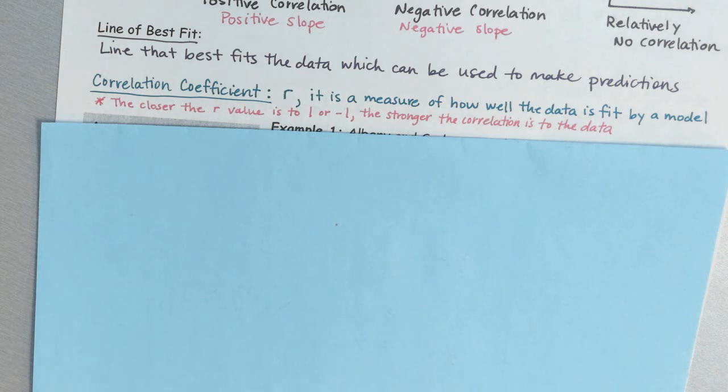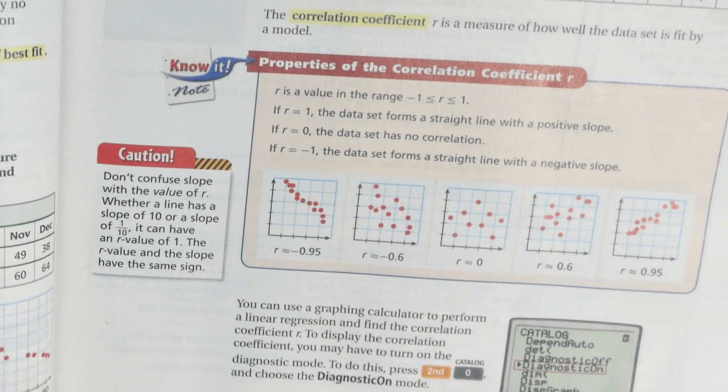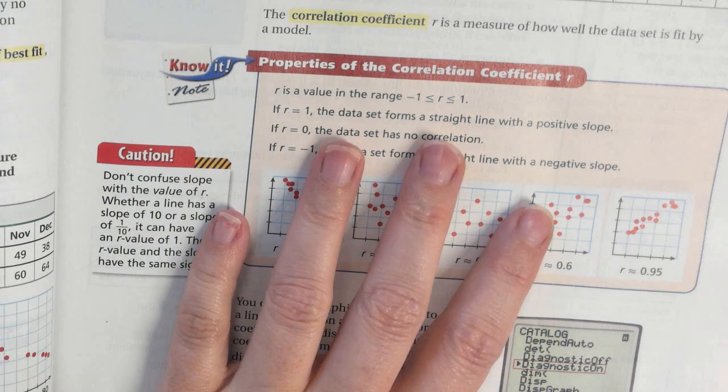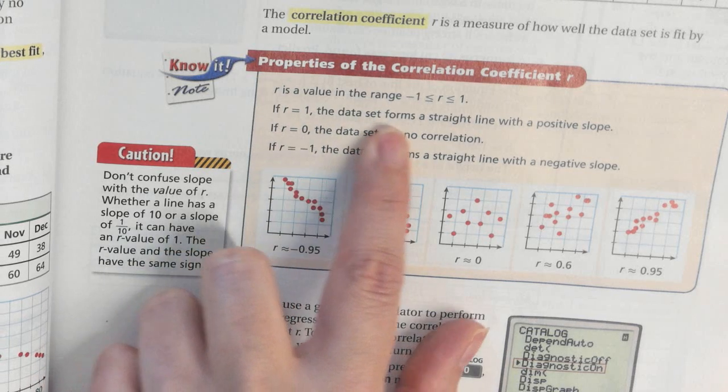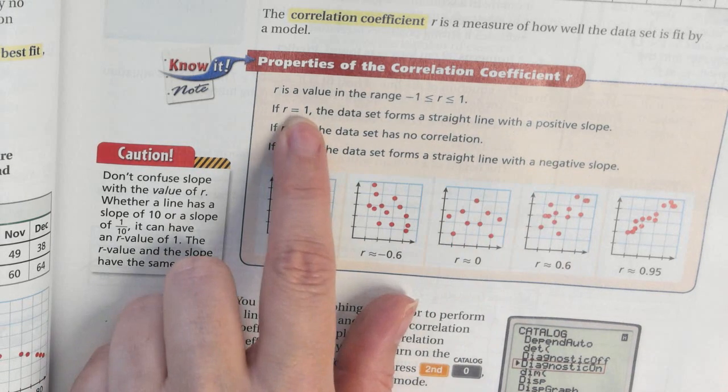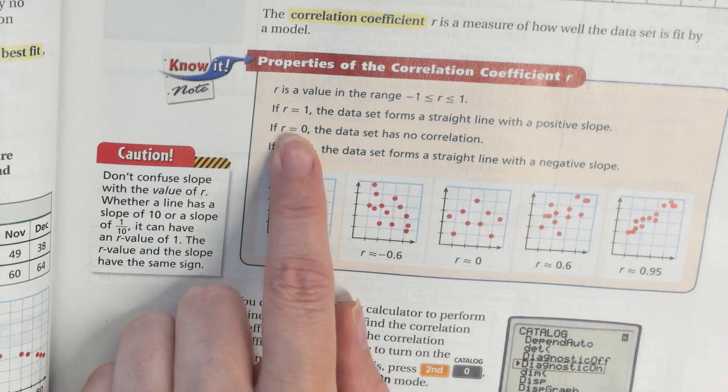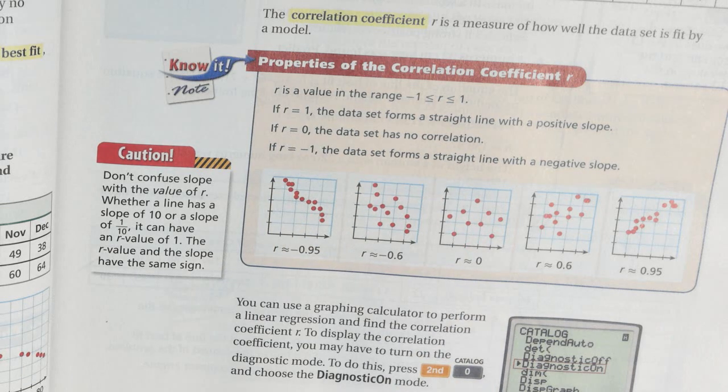There's also a really good chart in your book on page 33 that shows you some examples of the correlation coefficient. Like I told you, the value for R is somewhere between -1 and 1. If it's 1, then it's a straight line with a positive slope. It would be exact. If it was 0, the data would have no correlation.